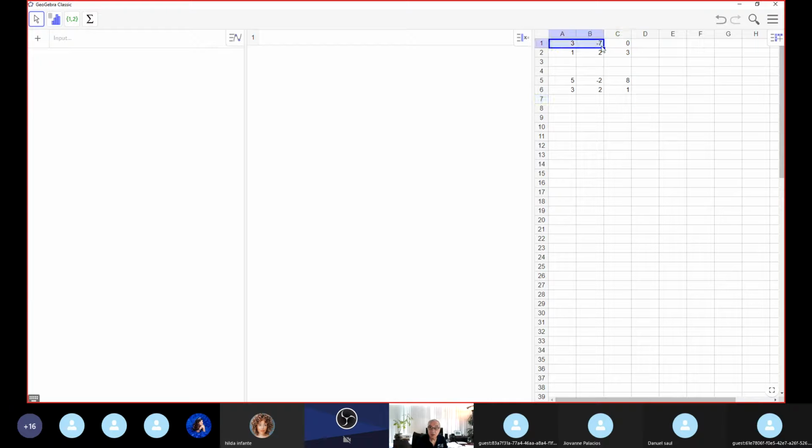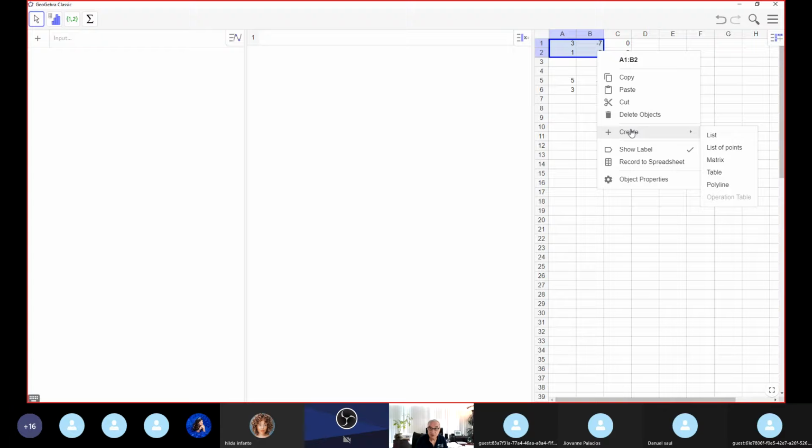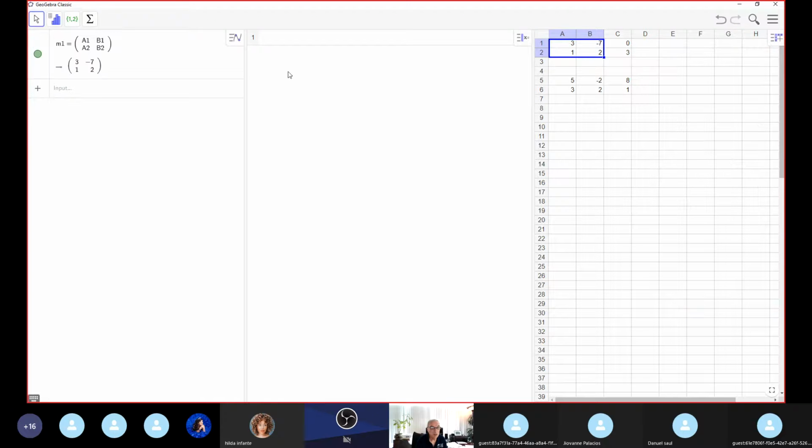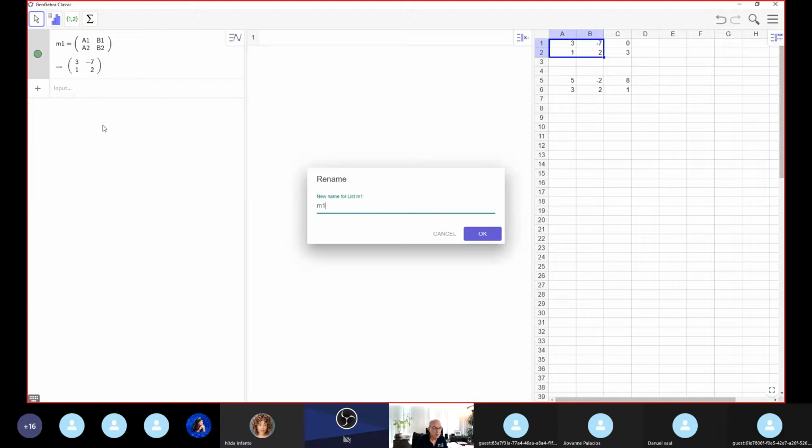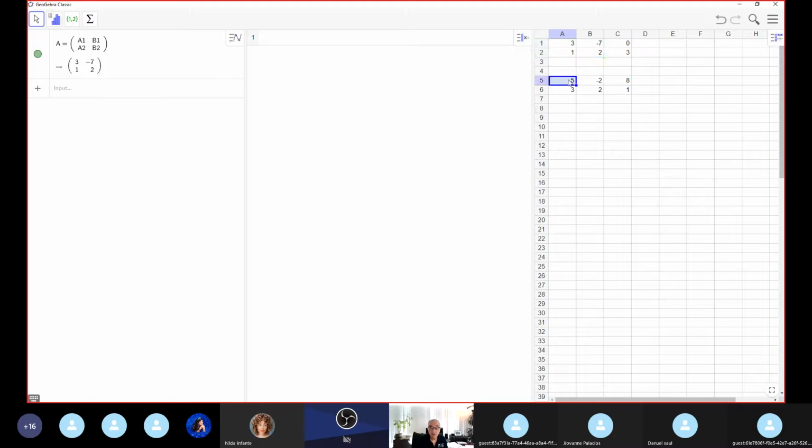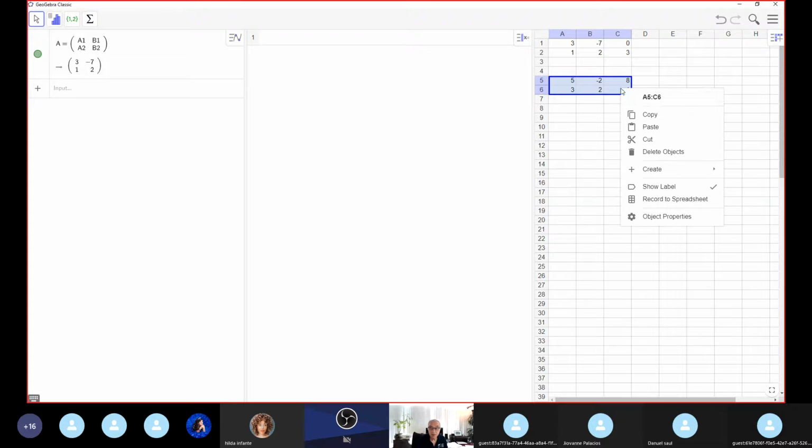Typing, you select the array and declare it as a matrix. Remember, right click, create matrix, and immediately you see, wow, beautiful. Why not rename it? Because in my paper, I remember that the name of this matrix was capital A. And the name of this matrix is capital B.